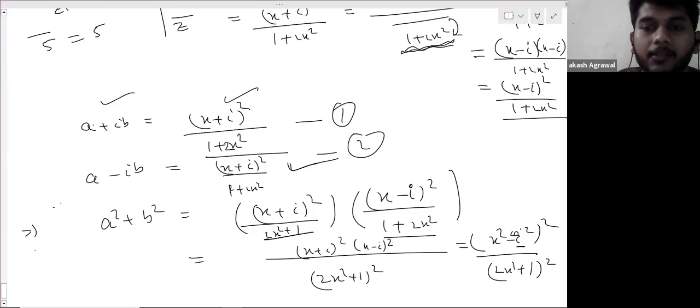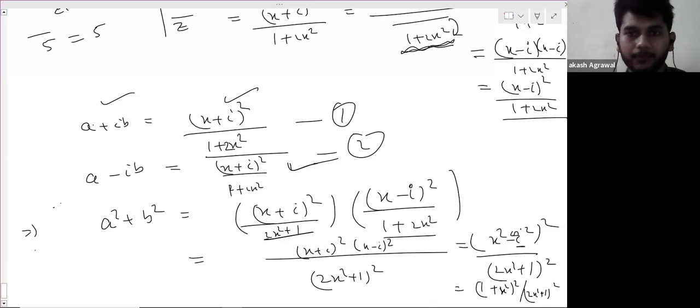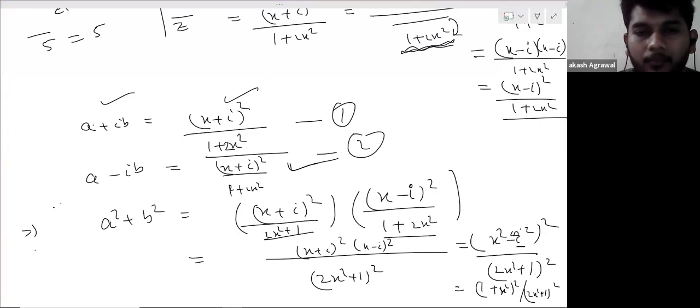So minus minus plus. So (1 plus x square) whole square divided by (2x square plus 1) whole square. This is the thing to prove. Yes or no? Yasir, Afnan, Abdullah, this thing is clear.